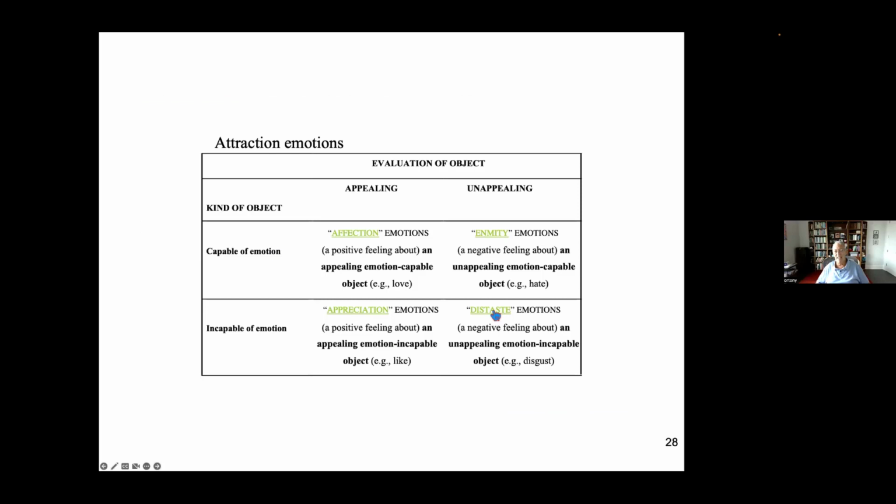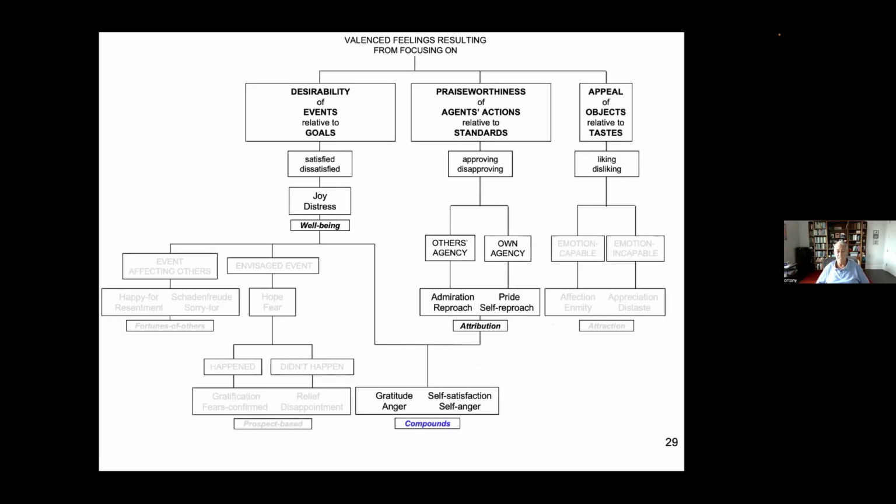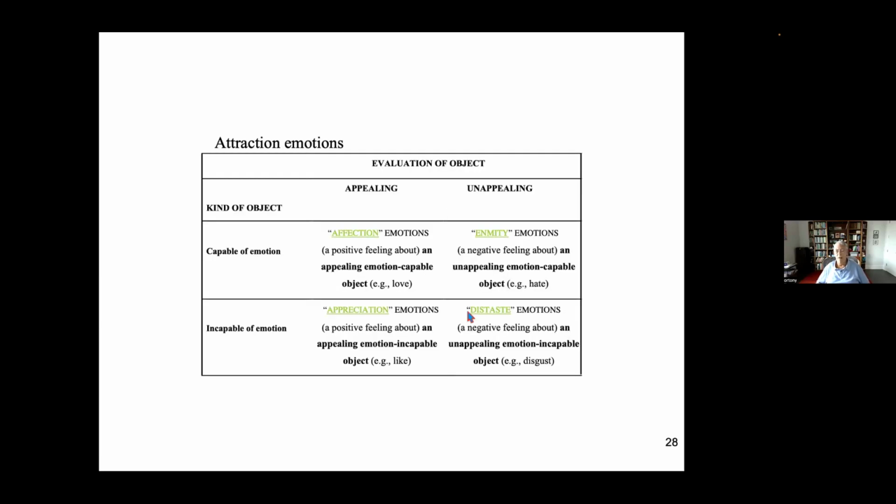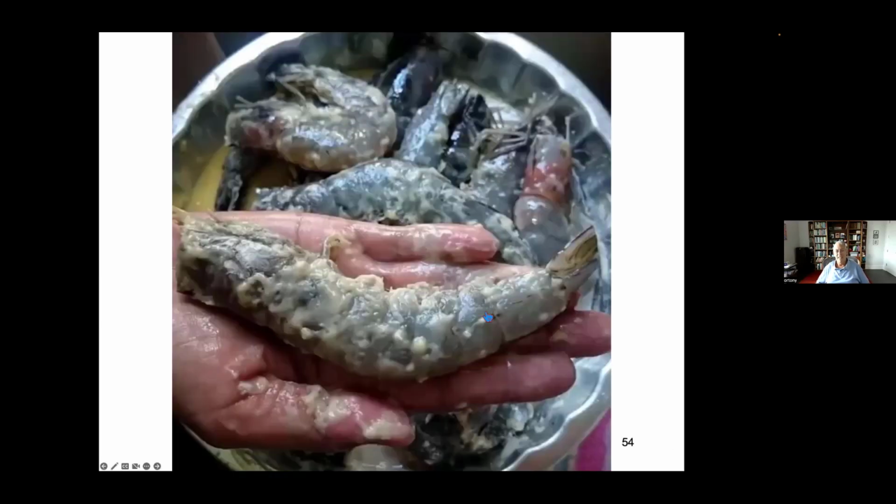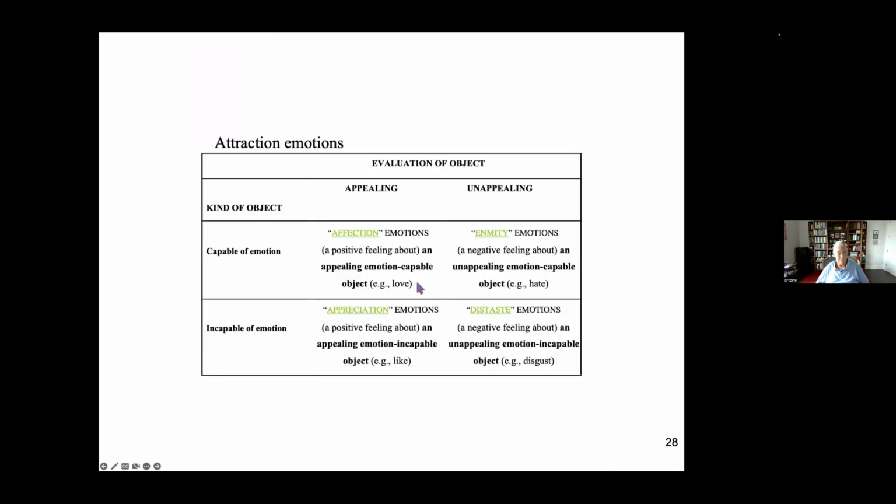And similarly, maybe something akin to disgust, a negative feeling about an unappealing, emotion-incapable object, would be this. I don't want you to have to look at that very long, so I'll get rid of it. It's pretty gross.